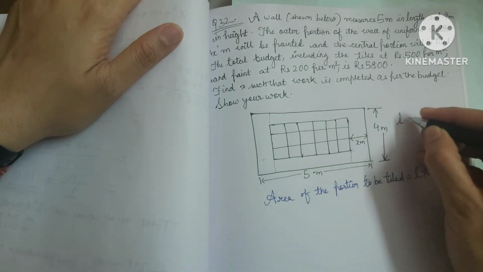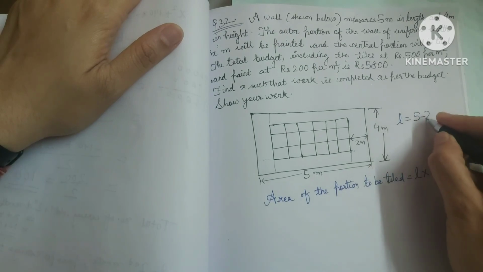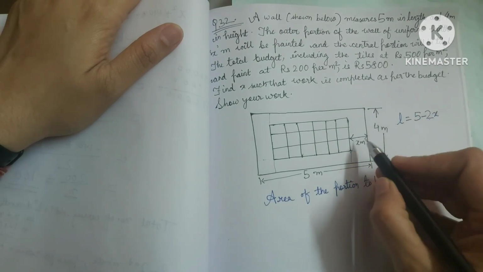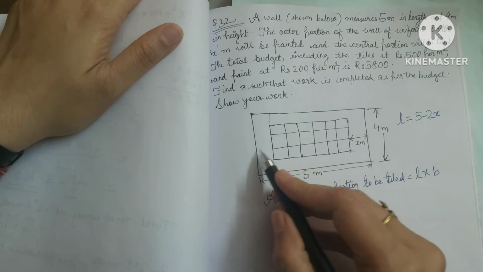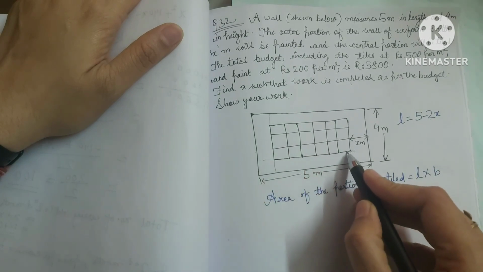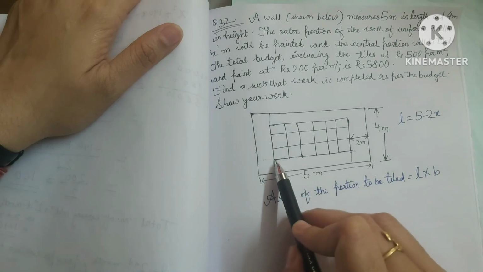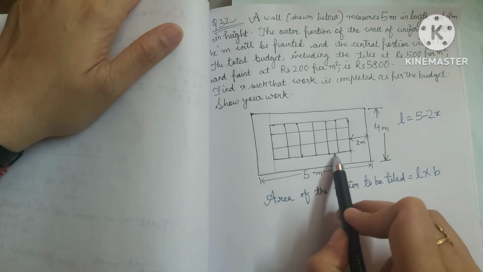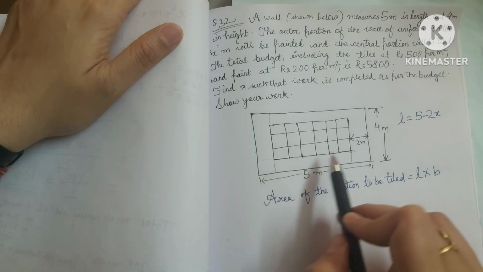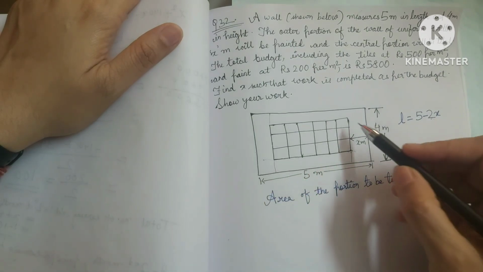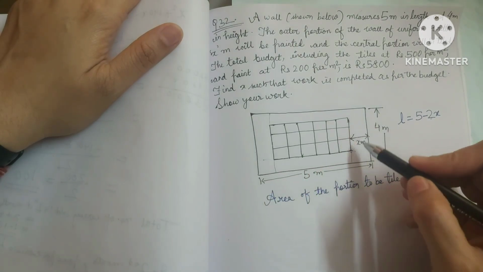So, the length of the inner wall is how much? 5 minus 2x. Where is this 2x coming from? Minus x this side and minus x from this side. This is the total length. Now, what is this width or breadth?